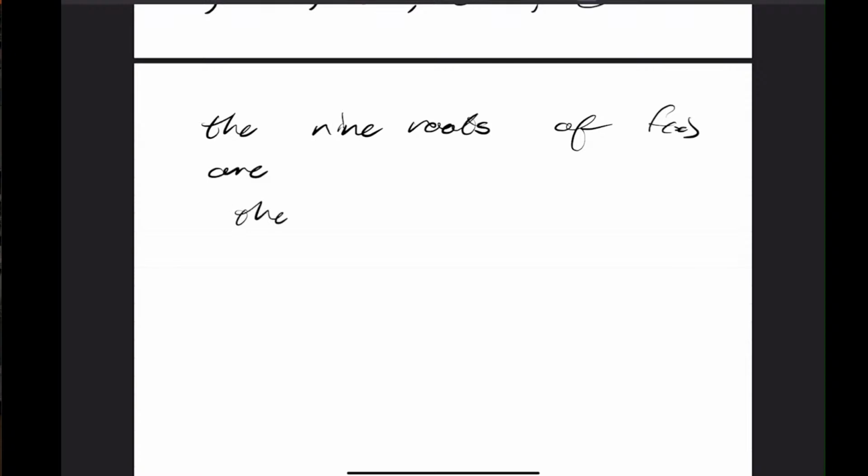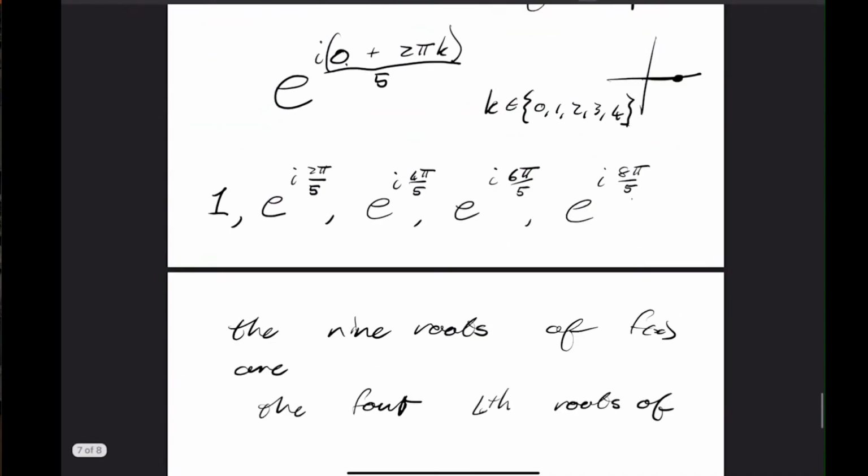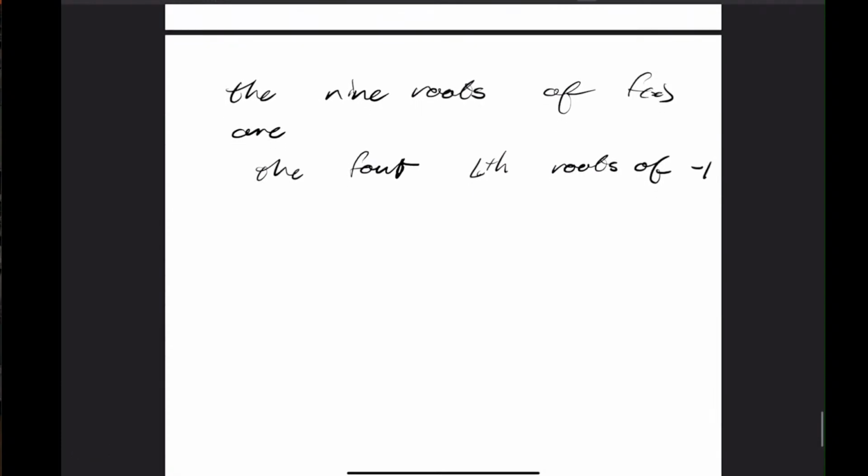So the 9 roots of f of x are the 4 fourth roots of -1, and the 5 fifth roots of 1.